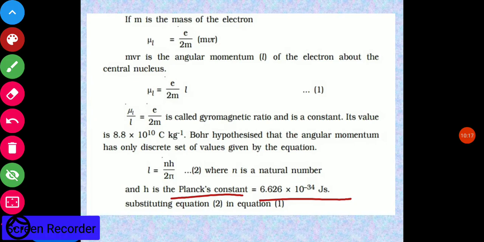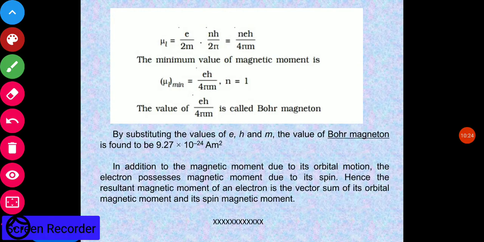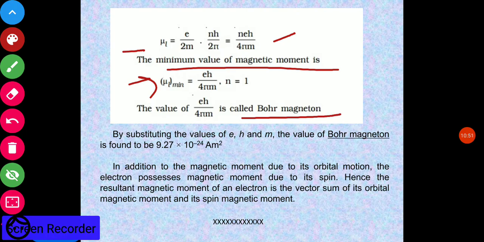If we substitute these values, putting L in equation number 1, this reduces to mu L is equal to e upon 2m into nh upon 2 pi, and reduces to neh upon 4 pi m. The minimum value of the magnetic moment, that is for n is equal to 1, reduces to eh upon 4 pi m, and this is known as the Bohr magneton.